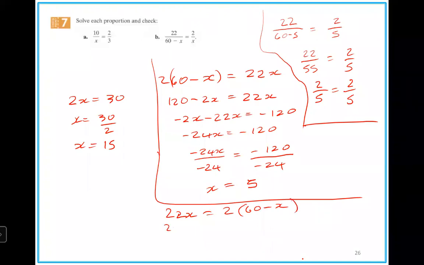So 22x would be equal to 120 minus 2x. That's what you did, huh? Yes. Okay, so you would now have 22x plus 2x equals 120. So 24x equals 120, and you would get your 5. So x would be 120 over 24, which is x equals 5.